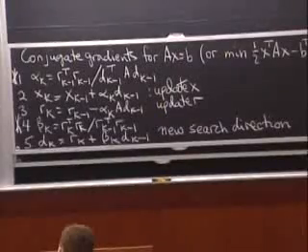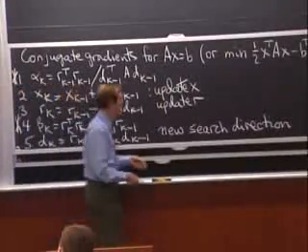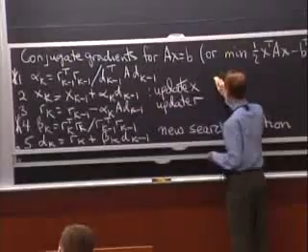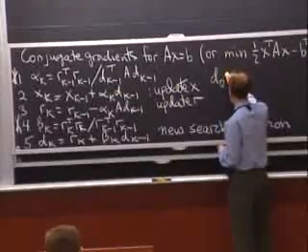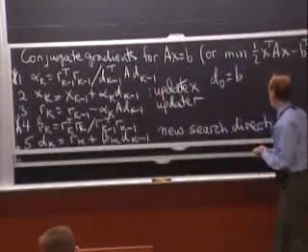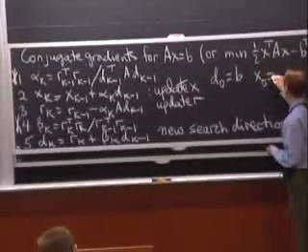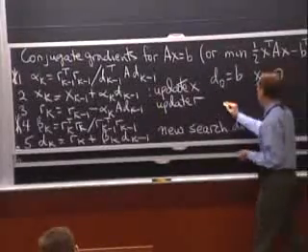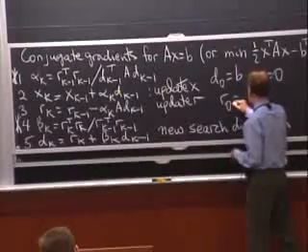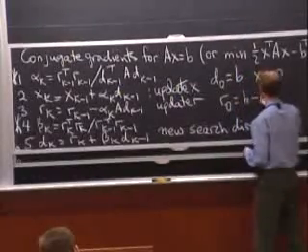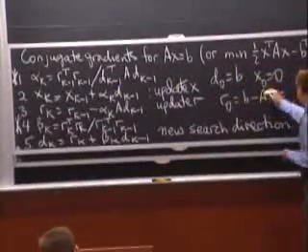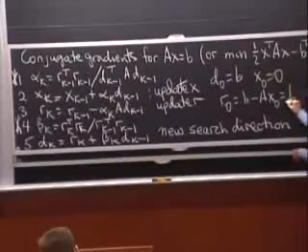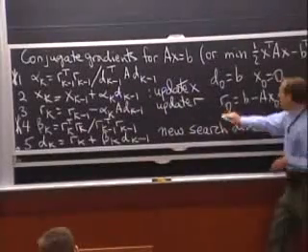You start with, so I have to give it a start. So I start with D0 as B and X0 as 0. And R0, which of course is B minus A X0, if X0 is 0, it's also B. So those are the start.